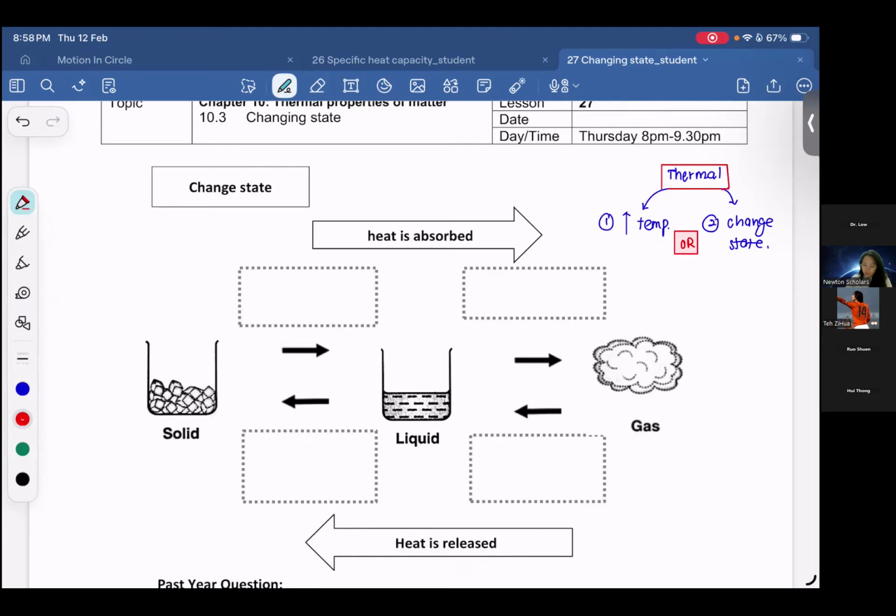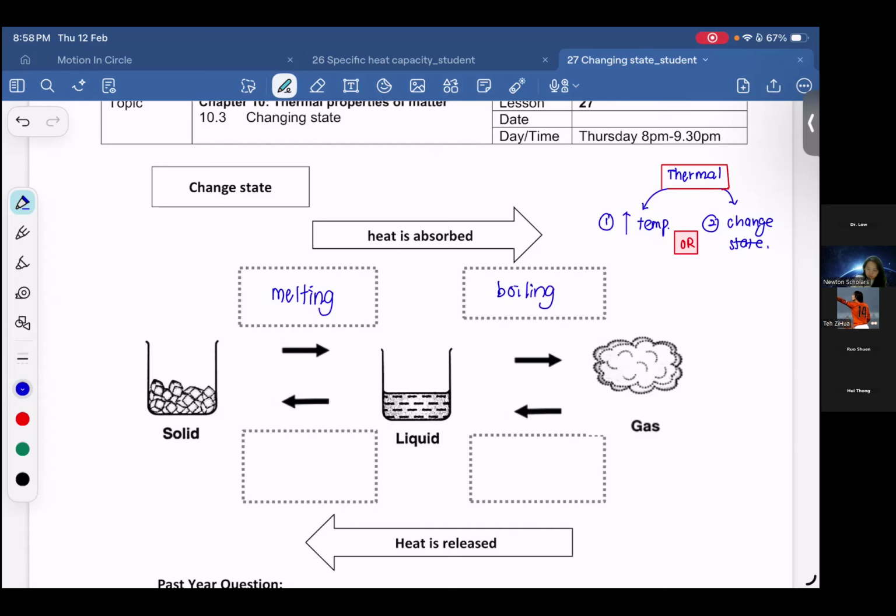Okay, here. When solid becomes liquid, we need to absorb heat. We supply the heat and let it melt. So this process is melting. Then I continue to supply heat to make it become gas. This process we can say is boiling, or evaporation also can.